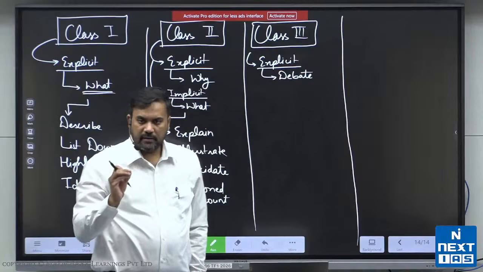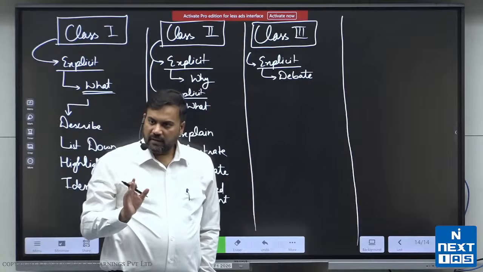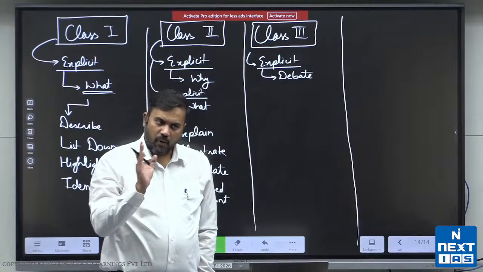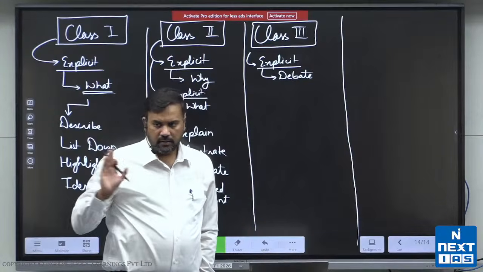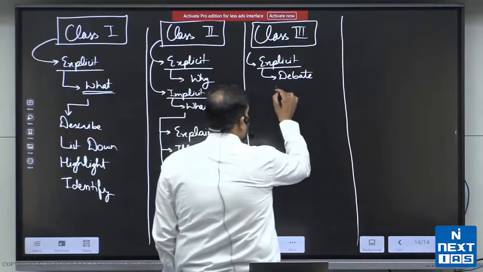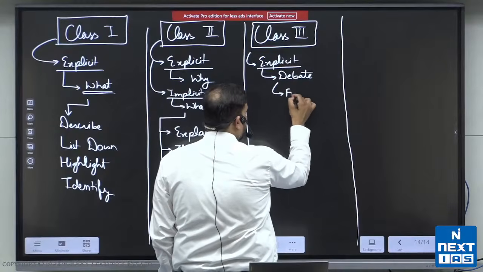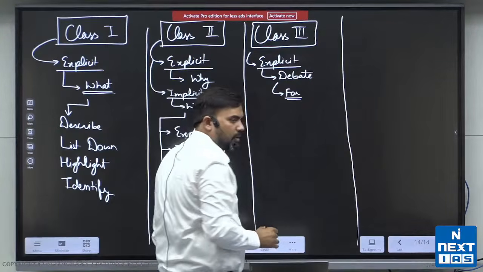A debate is explicit here. ठीक है? और जब हम डिबेट करते हैं तो कैन आई से देयर इज अ फॉर व्यू एंड देयर इज अगेंस्ट व्यू. ओके, सो in this kind of situation we give more significance to for.